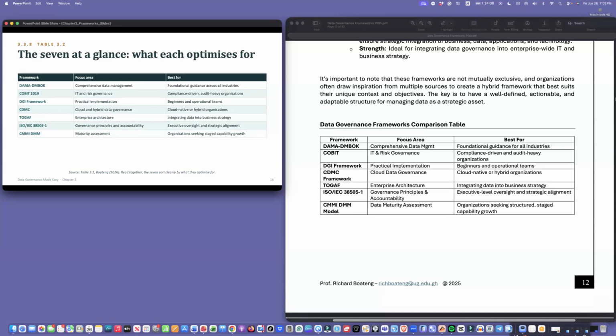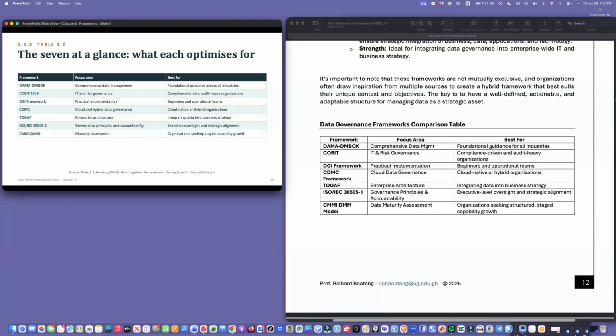If I have several multi-cloud environments, and my objective is to make sure that the data governance team are cloud focused, are cloud ready, I would think about adding the cloud governance framework, CDMC.